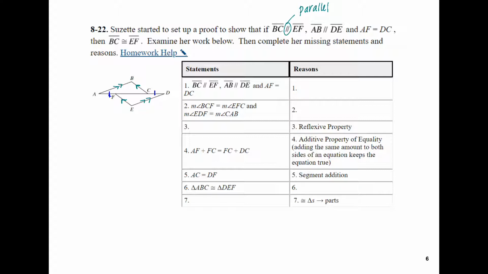So my reason number 1 would be all of that information is given to me.